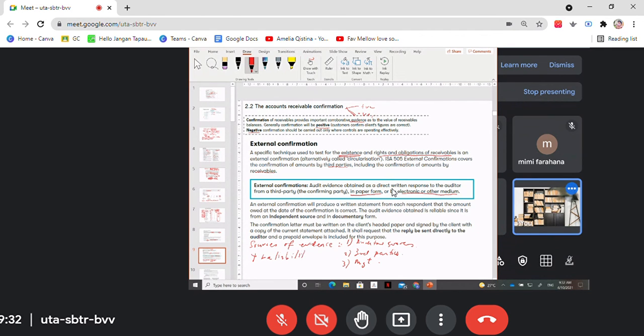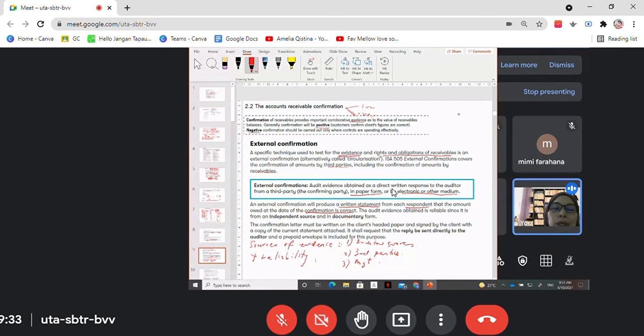So look at the statement that an external confirmation will produce a written statement from each respondent, each account receivable, that the amount owed at the date of confirmation is correct.